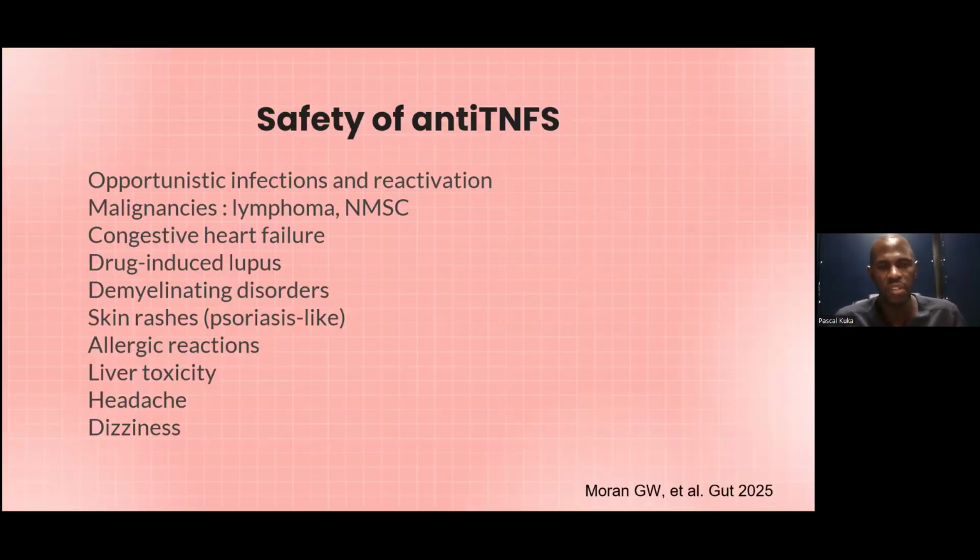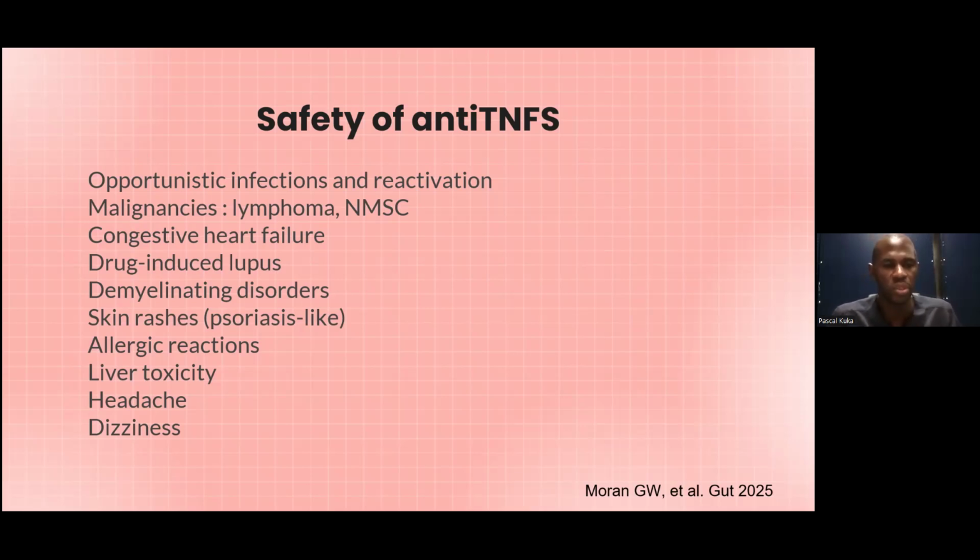So in terms of safety of anti-TNFs, as I said, not only in IBD, anti-TNFs have been utilized in other different diseases. And with that, we have some long-term data in terms of the safety. So opportunistic infection, we all know, is a big issue in the use of anti-TNFs. That's why we screen for TB, we screen for hepatitis B prior to initiation of treatment. In terms of opportunistic infection as well as reactivation, there is an increased risk of malignancies, especially lymphoma and non-melanoma skin cancers.